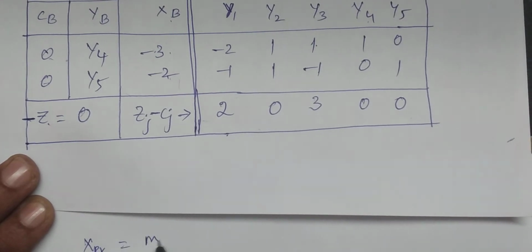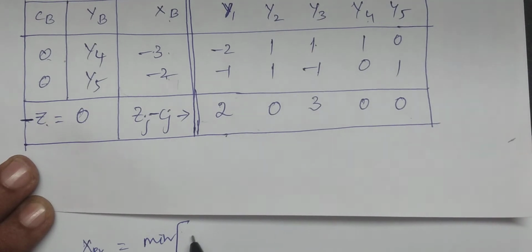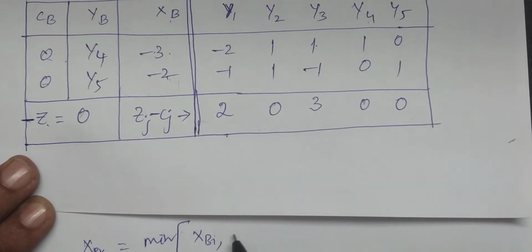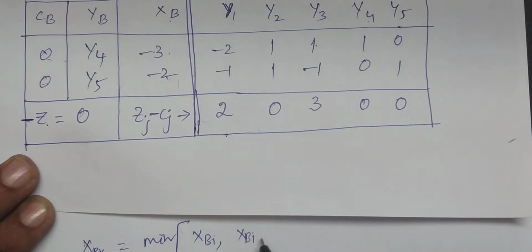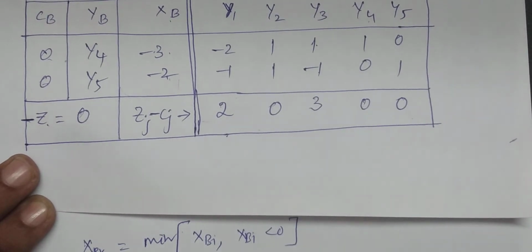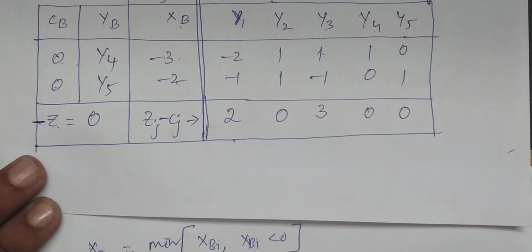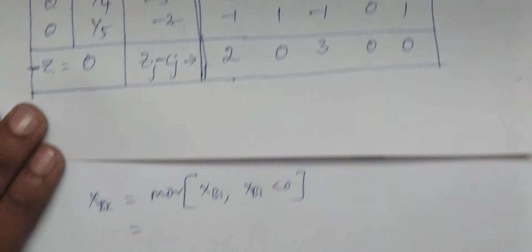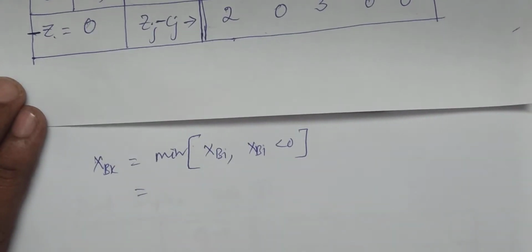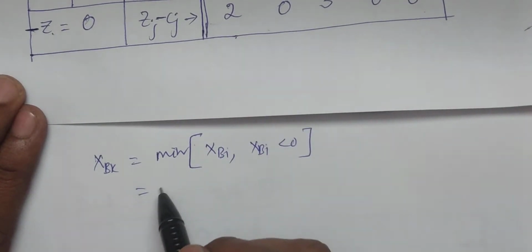This is the formula of the minimum of xbi, not a ratio, where xbi is less than 0. Always remember the simplex procedure, we recollect the simplex procedure, right? So therefore, what I am doing here is just the minimum of xbi less than 0. What is the minimum?